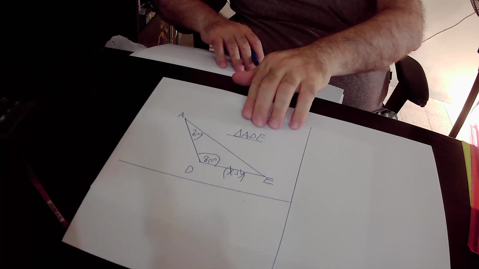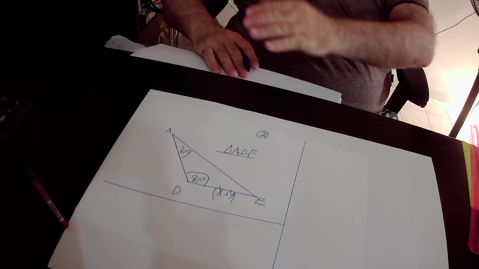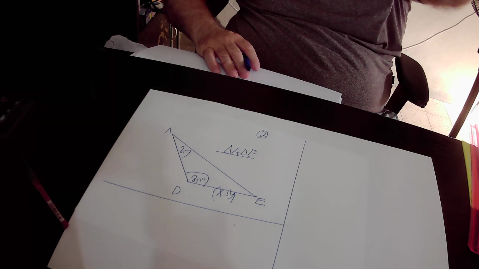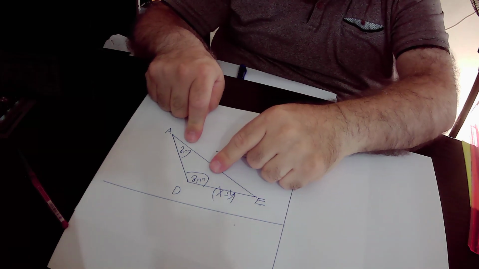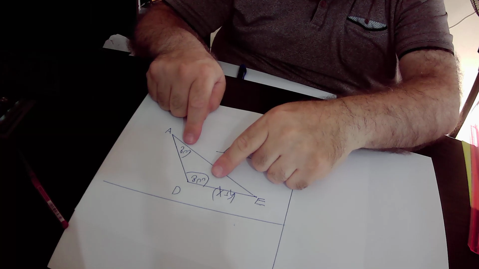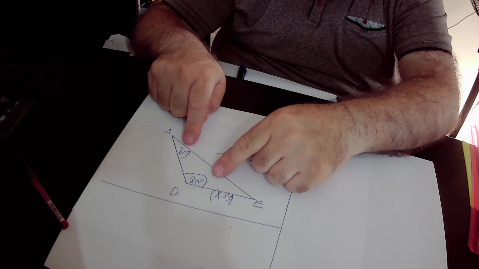Okay, this is triangle ADE that I copied from the original drawing. We have just found out that DE equals X plus Y. In triangle ADE, those two angles are both equal to 80 degrees, therefore they are equal to each other. And we have the rule that in front of equal angles in a triangle, there are equal sides.